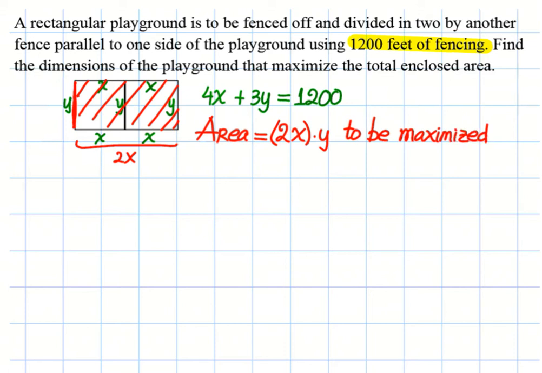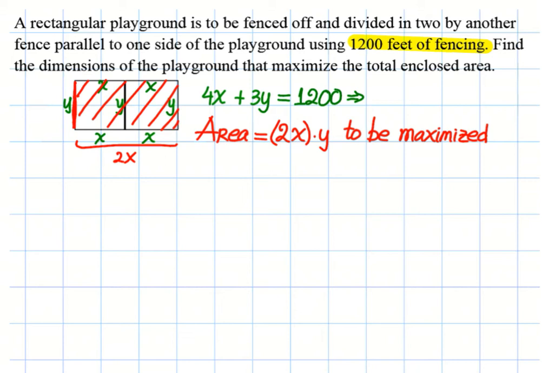The problem needs to be in only one variable, so we either solve for y in terms of x or solve for x in terms of y. From this equation, I will solve for y in terms of x.